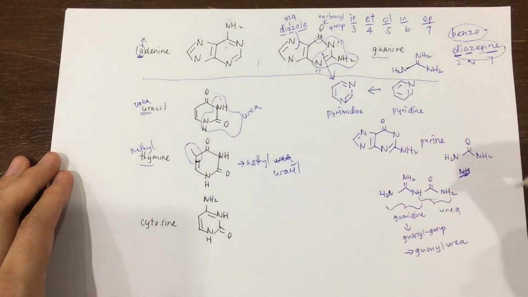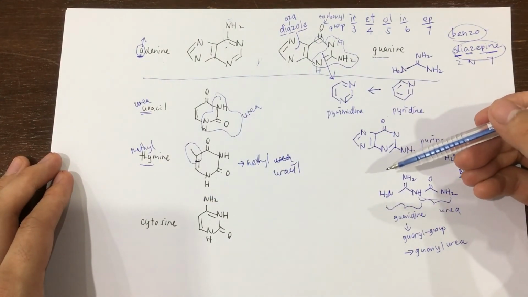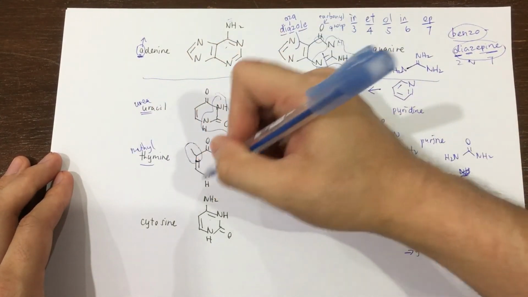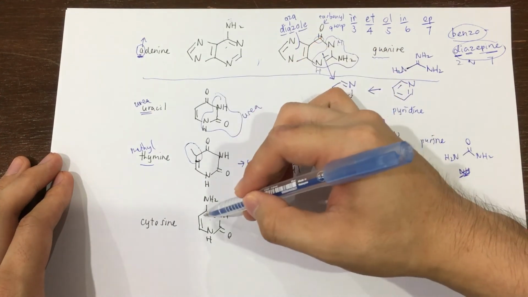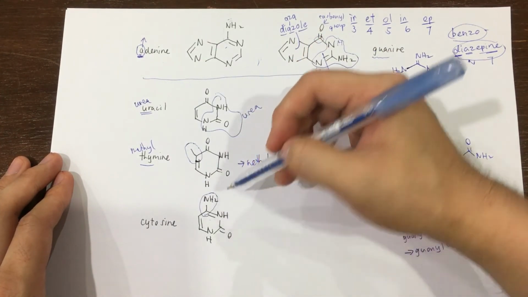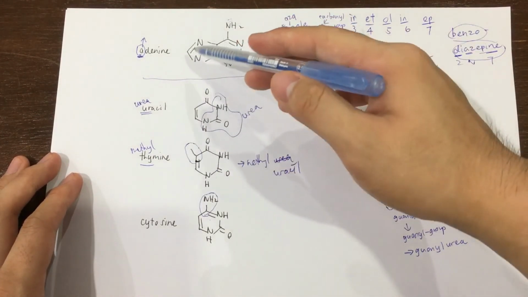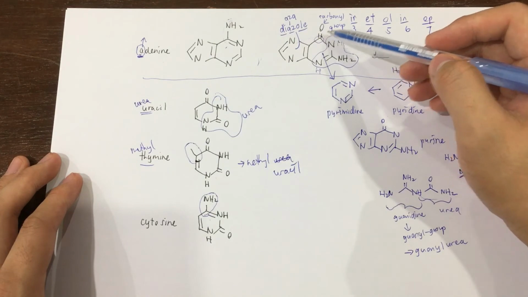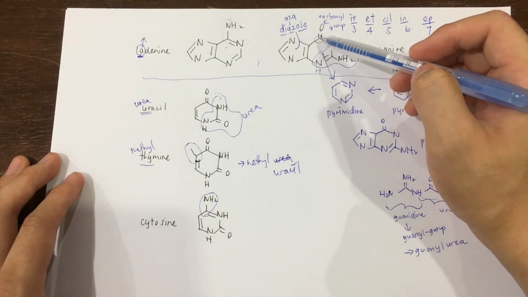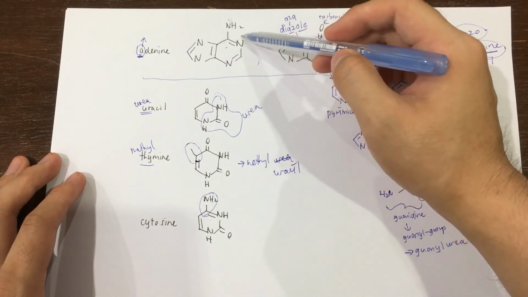Let's look at cytosine. Cytosine is slightly different. Alright? It's actually urea, but instead of the carbonyl group, it is substituted with an amino group. Similarly to adenine, in guanine it is a carbonyl group, in adenine it is substituted with the amino group.